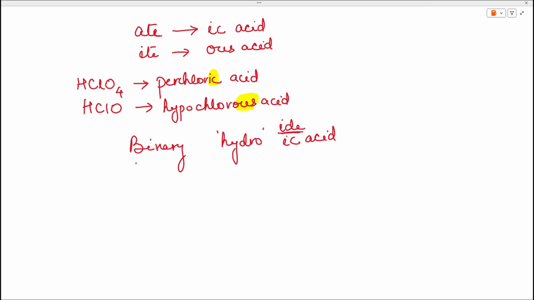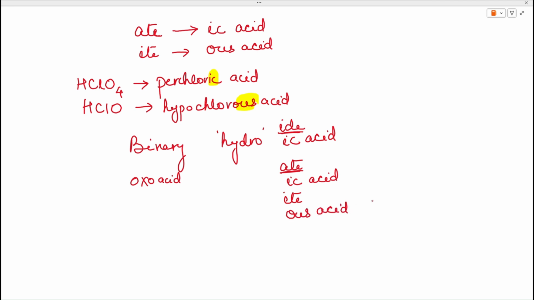And if the acid is an oxoacid, then no hydro, ate needs to be replaced with ic acid, and ite needs to be replaced with ous acid.